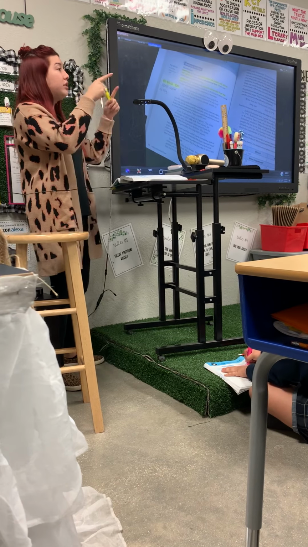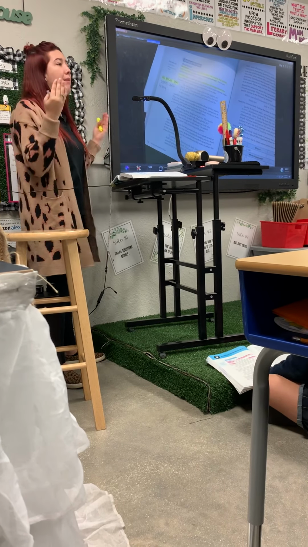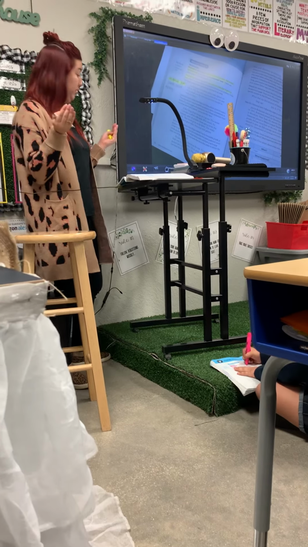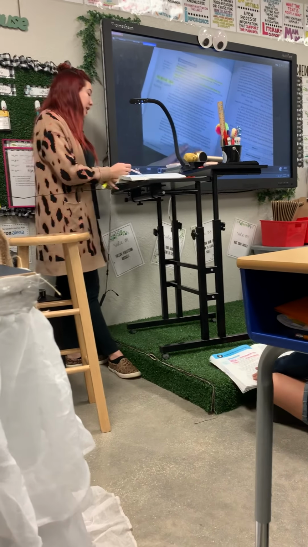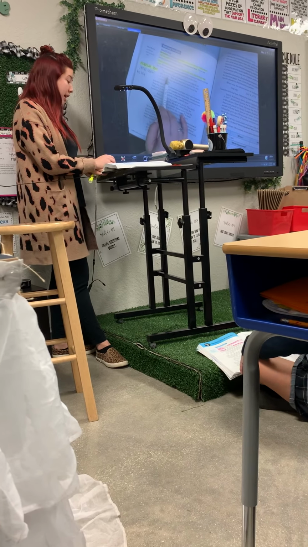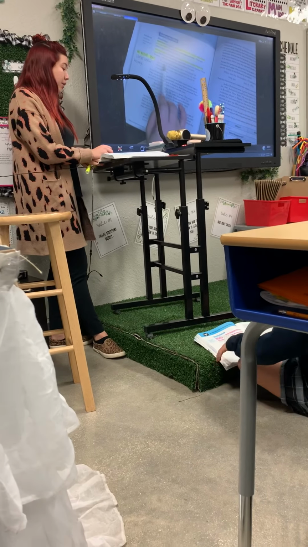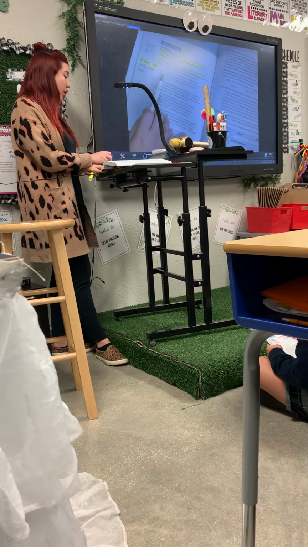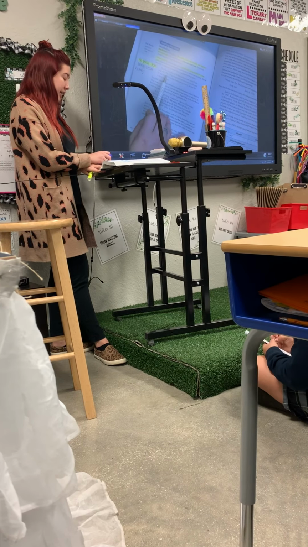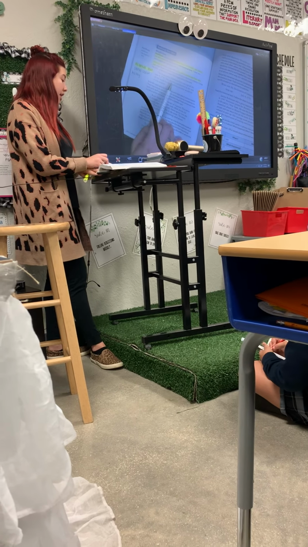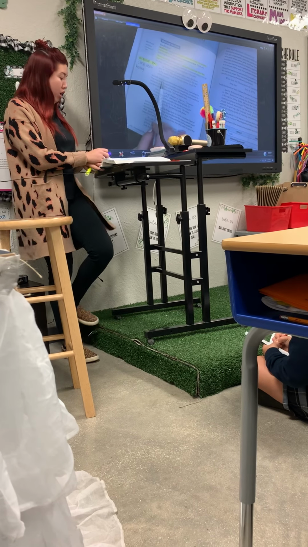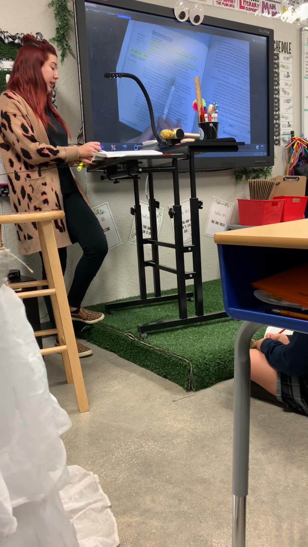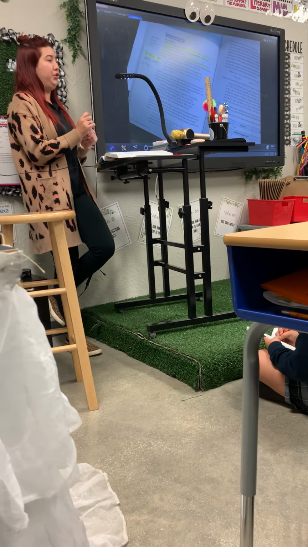So I want you to focus on looking for a date and what major event happened on that date. Yes? Yeah. Okay. Let's all read it together. Ready, set, begin. The Declaration of Independence was signed on July 4th, 1776. This document announced to the rest of the world that the American colonies would be a new country.